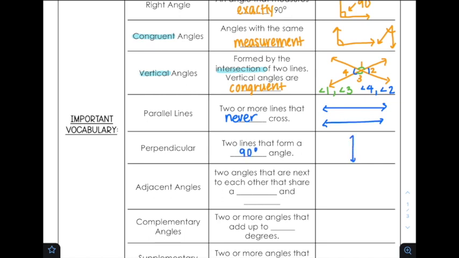So here's a line, and they both form a 90-degree angle. You have that little square here representing that 90-degree angle. So perpendicular lines are created by two lines intersecting and forming 90-degree angles.